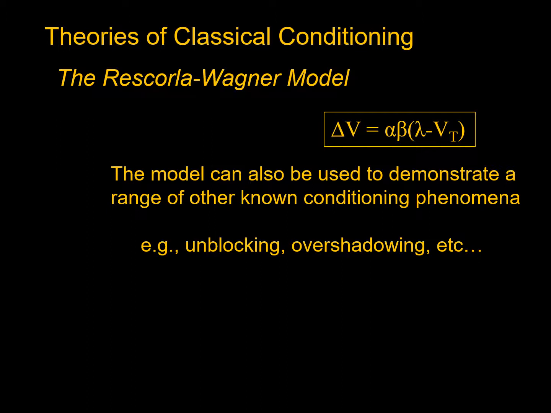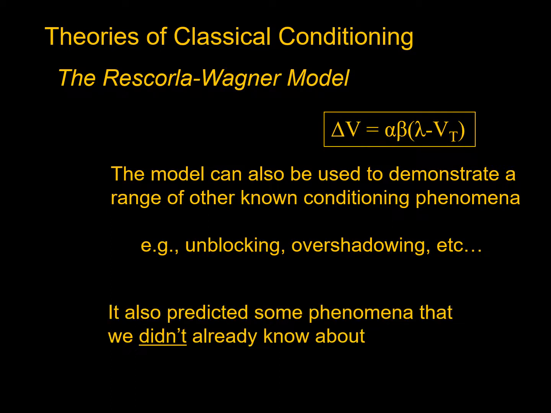But let me ask you that. What would you do with this model to model unblocking? How would you have to approach that? You end up being a negative number, a negative delta.